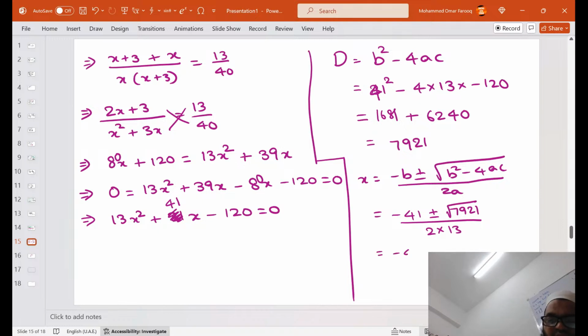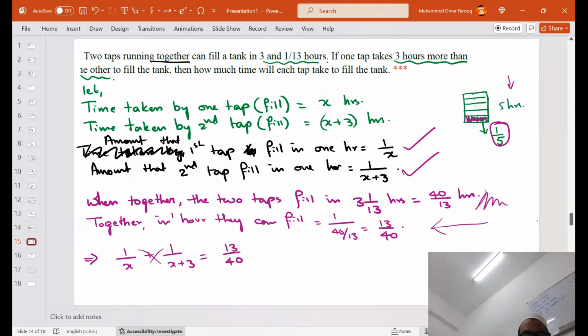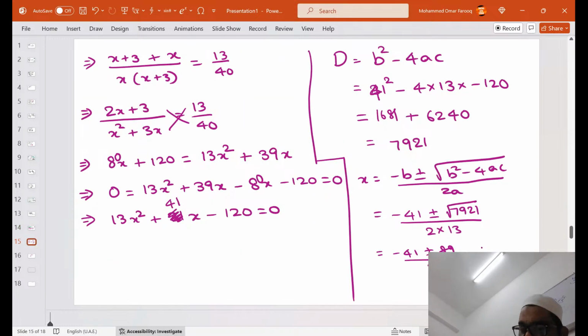So minus 41 plus or minus 89 divided by 26. What is x? x is time taken to fill the tank. So minus 41 plus 89 divided by 26.